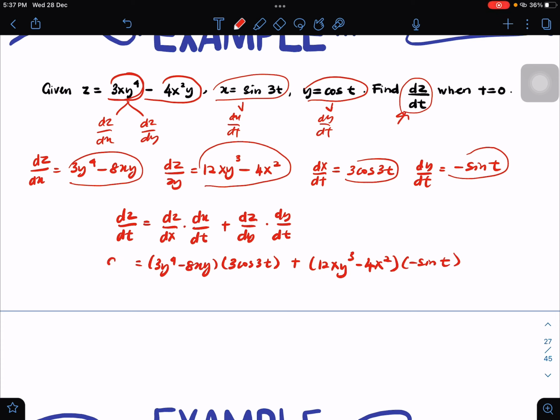So this is your dz/dt by using the chain rule formula.